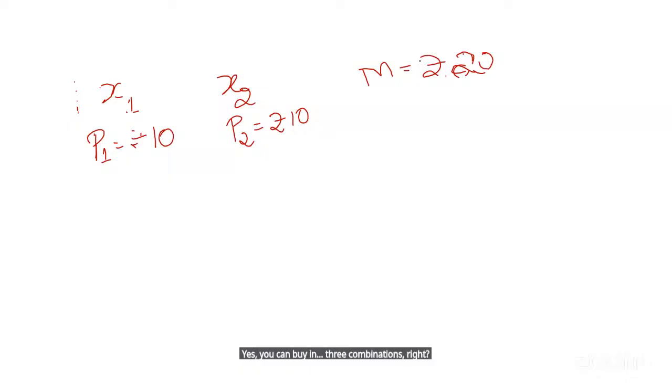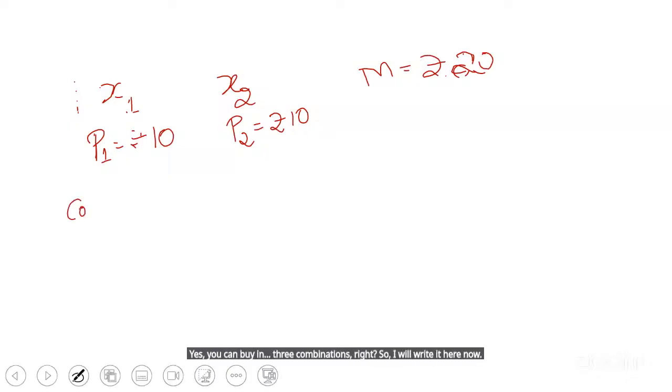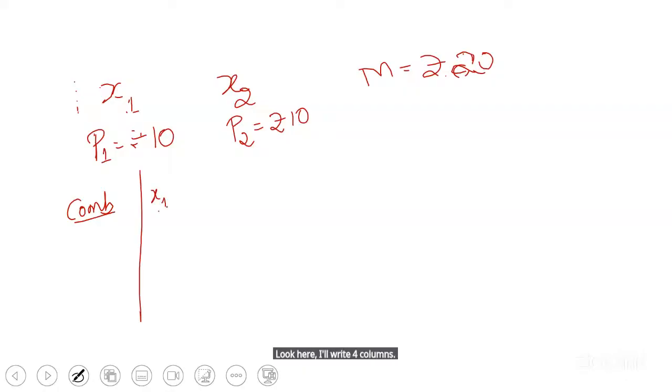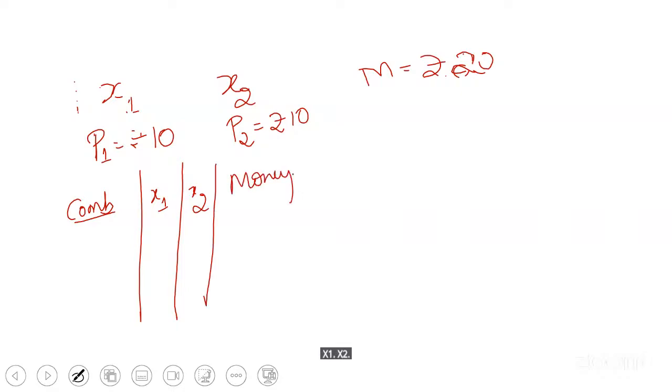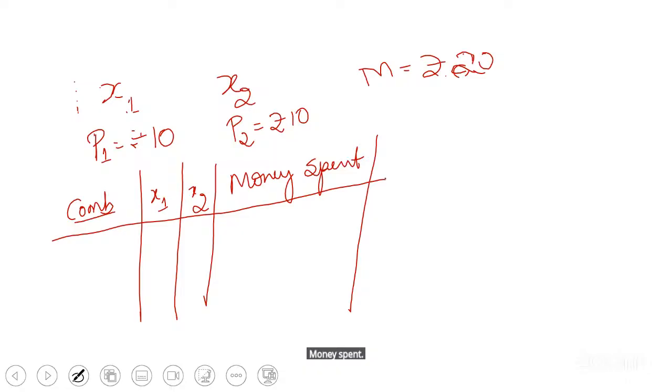So I will write it here now. Look here, I'll write 4 columns: combination, X1, X2, money spent.